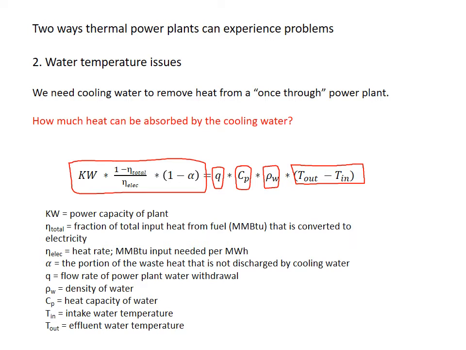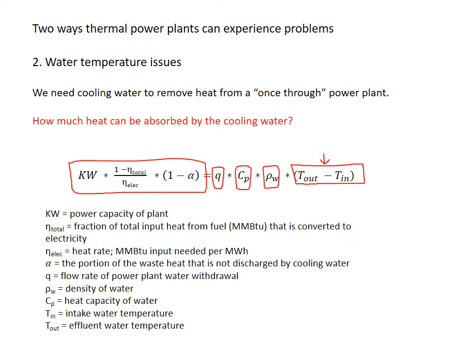So you can sort of think we want both sides of this equation to be equal, right? And one of the big trade-offs here is between the term here on the right, the T out minus T in. If you want that number to be smaller, or if it has to be smaller, right?